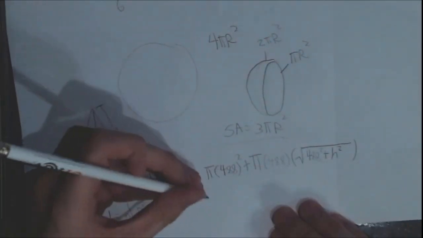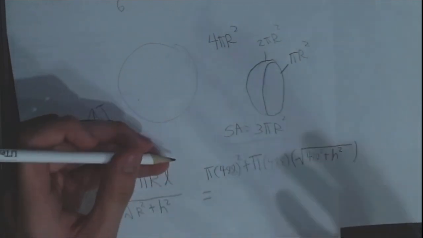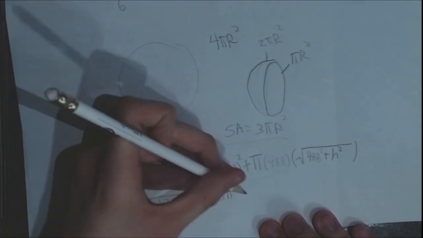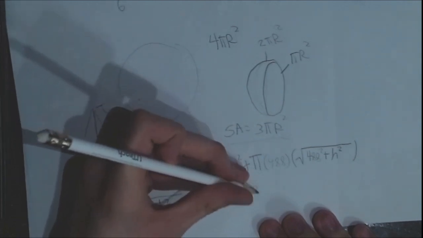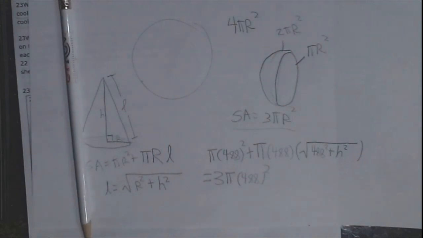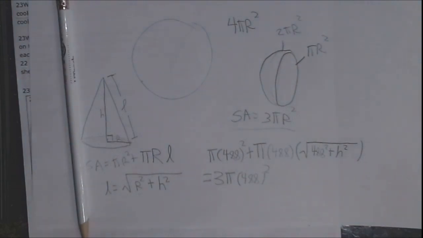Now set that equal to the hemisphere surface area, which was 3 pi r squared. And I can put this into my equation solver on my calculator to solve for our height h. So I'll type that right now.